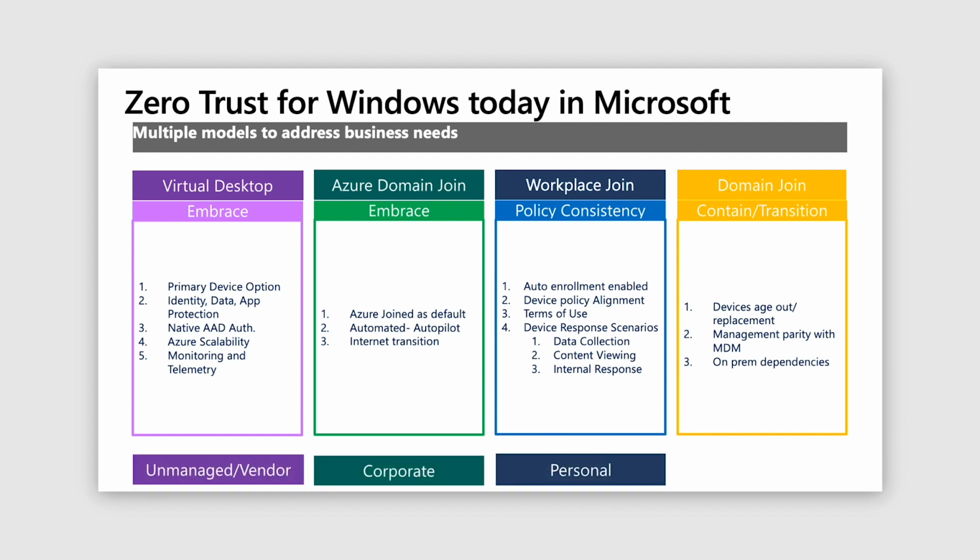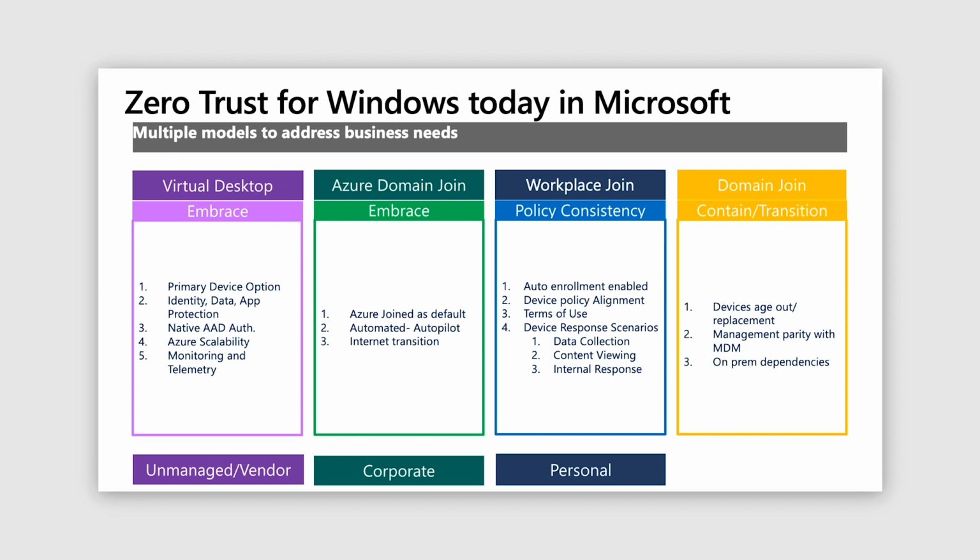Think about it in these three buckets, and this is how we do it. Unmanaged or vendor devices use virtual desktop. Azure is going to be your corporate device. Workplace join, obviously for your personal device, gives you the flexibility of consistent policies and everything, but a little more control as to what you're doing for that device.